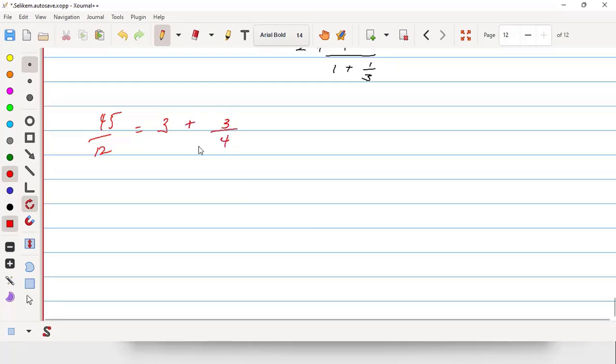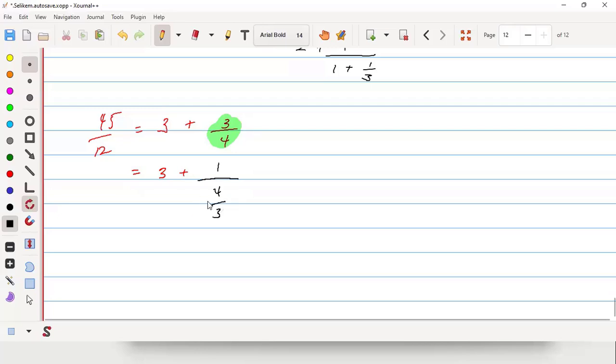Now because of this 3 over 4, I need to continue the fraction. How do you think we're going to rewrite this one? We'll just say plus 1 over, then we'll flip it to be 4 over 3.